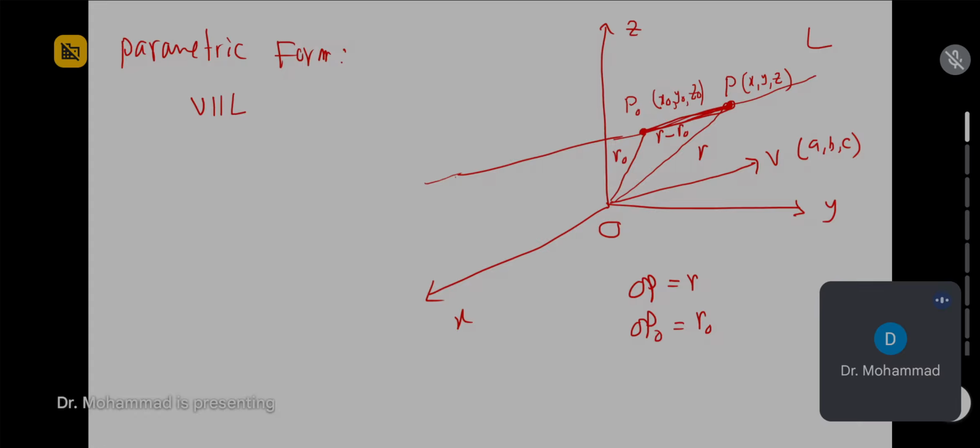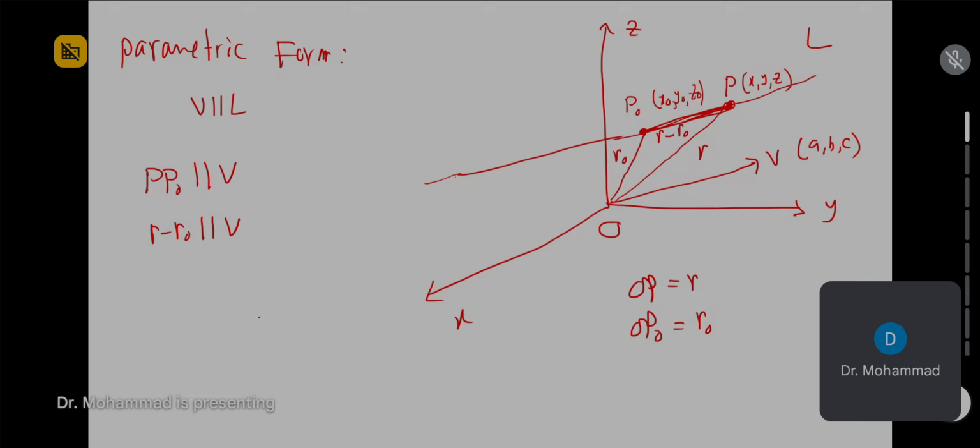Am I right? Yes, sir. Now you see the line PP naught is parallel to V, that is, R minus R naught is parallel to V.